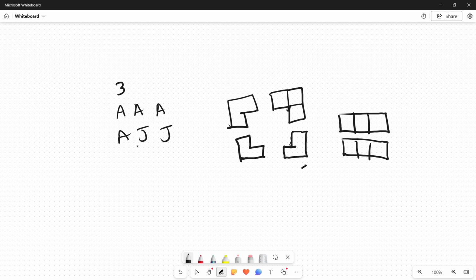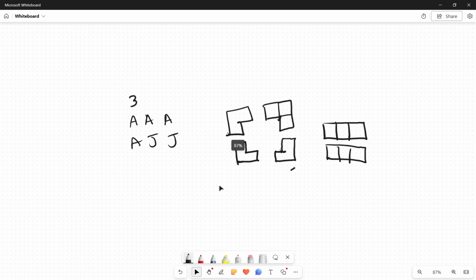Here we can notice that, suppose this is our 2 by n grid, where n is divisible by 3. Suppose I take out this part from the grid.